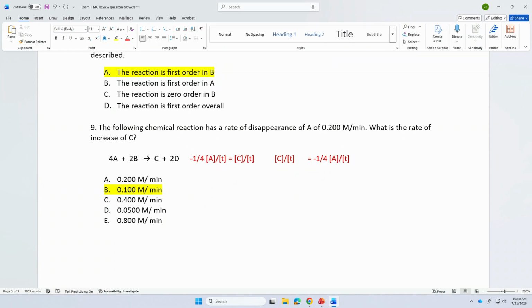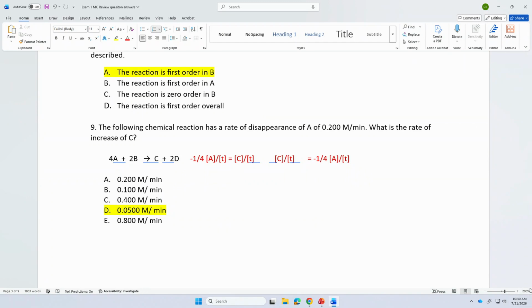So it should not be 0.1. It should be 0.05. I will fix this right now, and I will repost it.